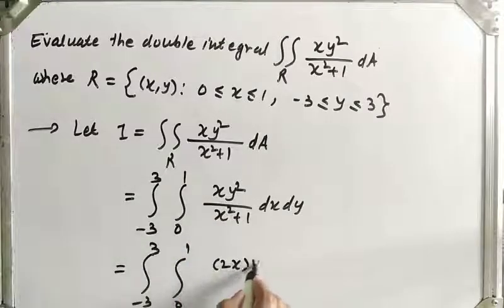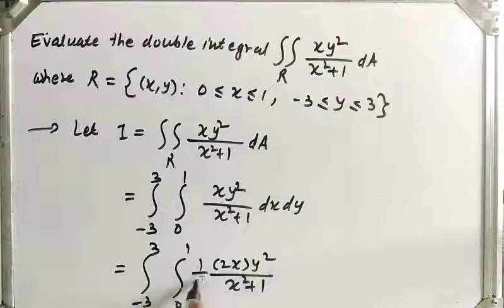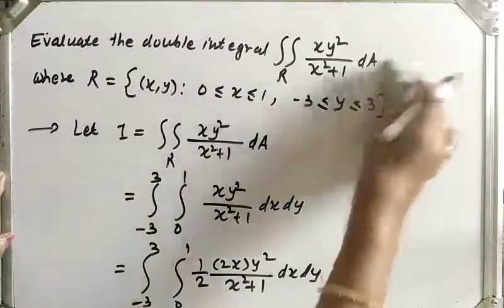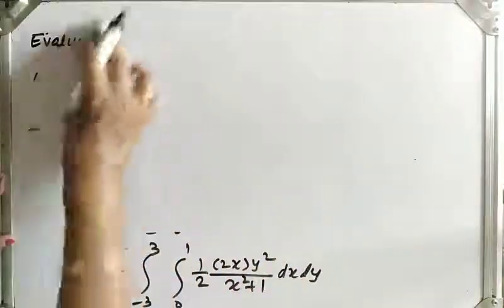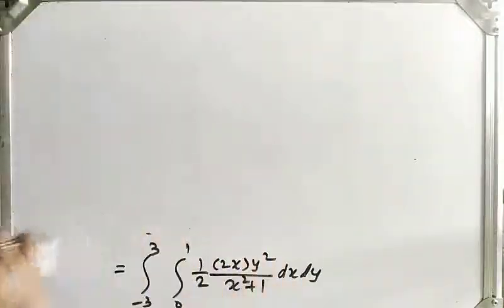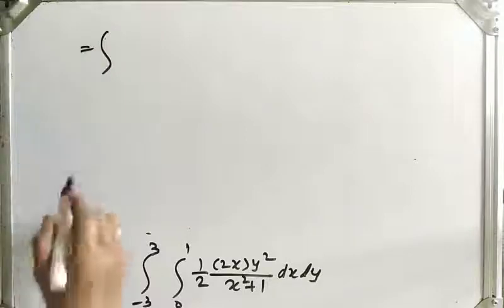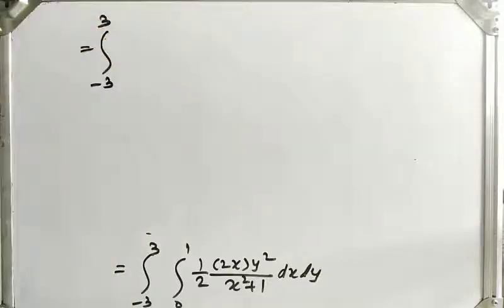So 2x into y square upon x square plus 1. To adjust this, we need to multiply by 1/2, dx dy. Now next step, which is equal to integration from minus 3 to 3. Now you can see the derivative of x square plus 1, which is 2x, is here.